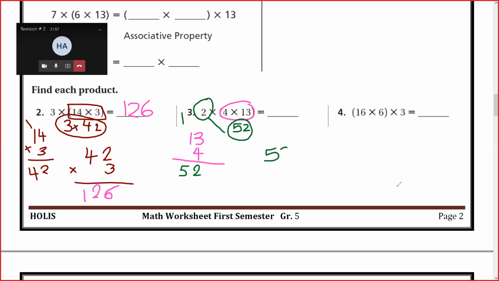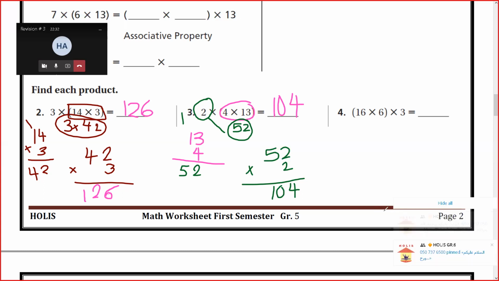So, 52 times 2. 2 times 2, 4. 2 times 5, 10. Bravo. So what will the final answer be? 104. Got it? Yes. Okay.